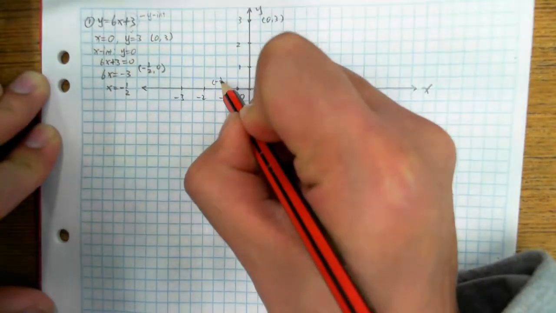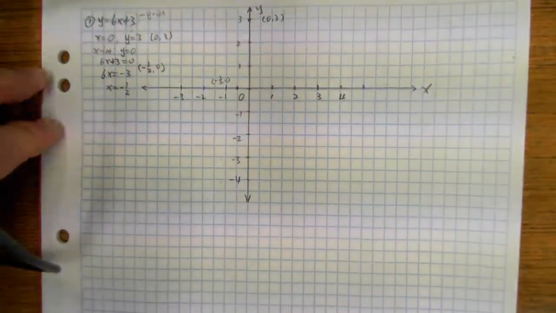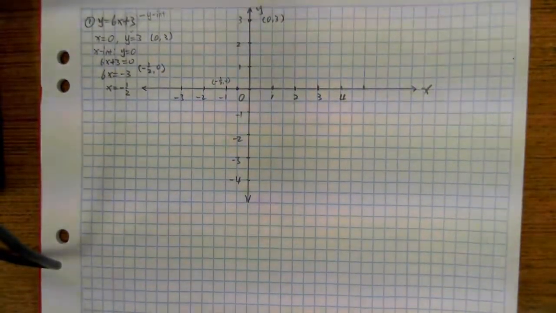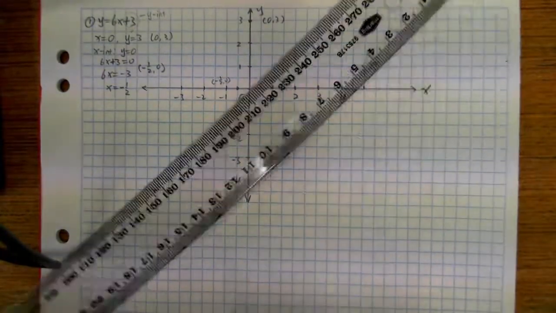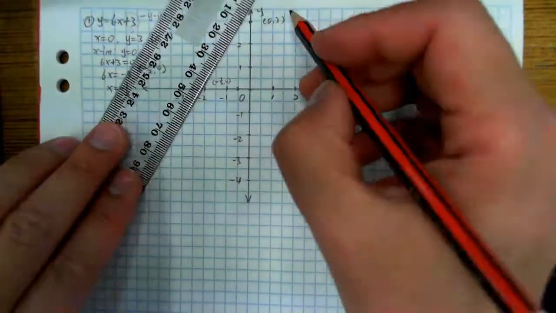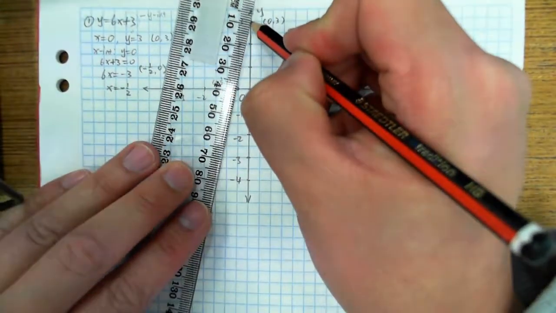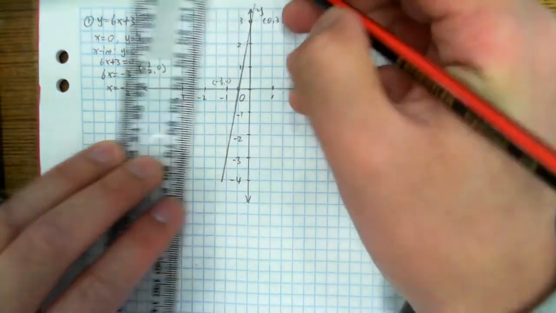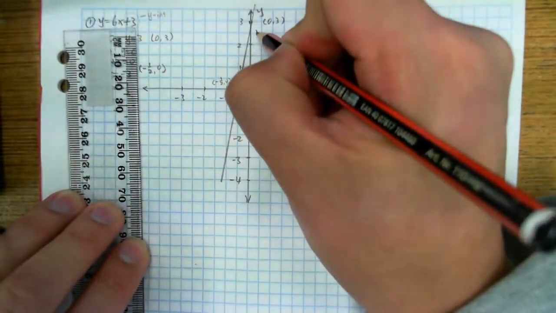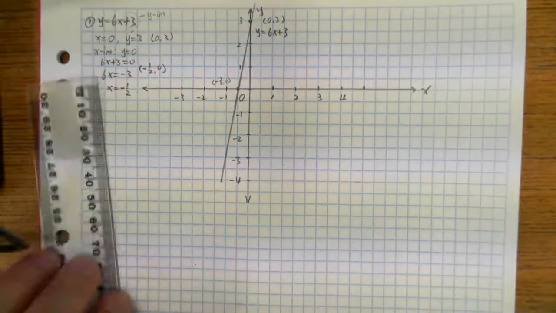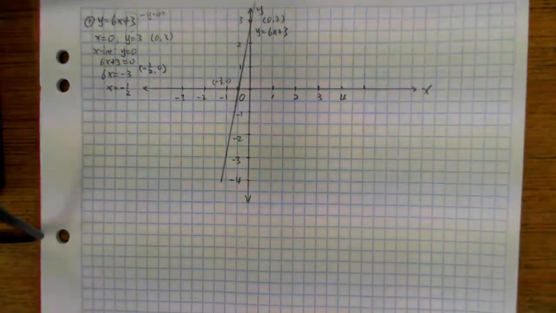Now with these 2 points, then I can easily find the line. Okay, so we just connect these 2 points. Right, don't forget we need to write y equals 6x plus 3. Okay, now this is the first revision question.